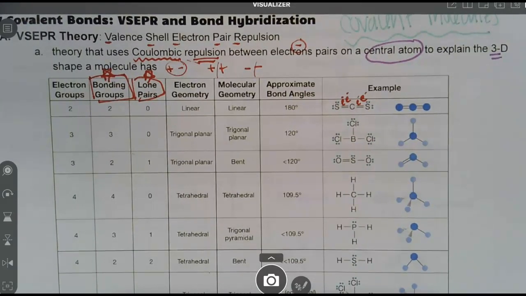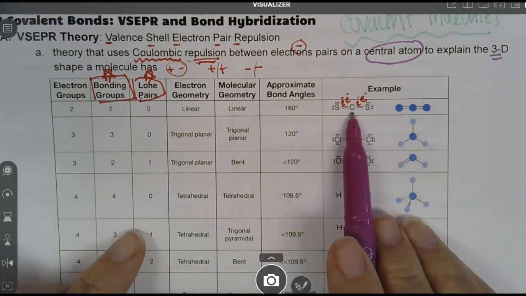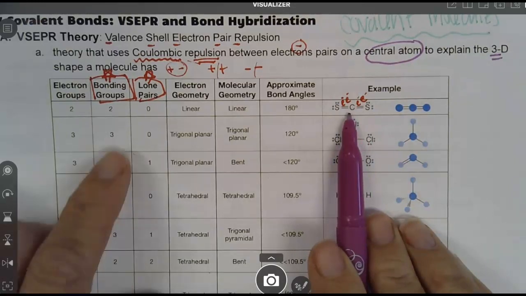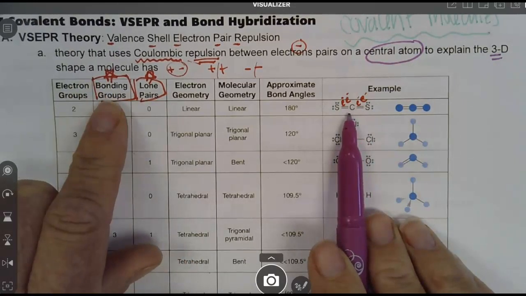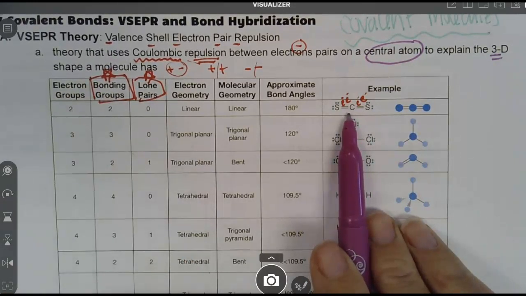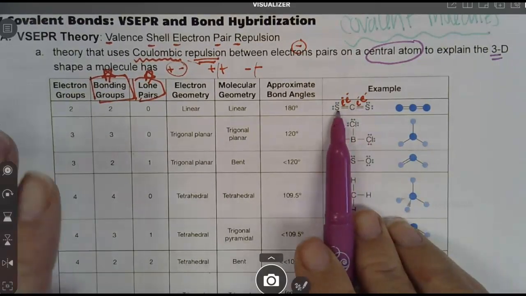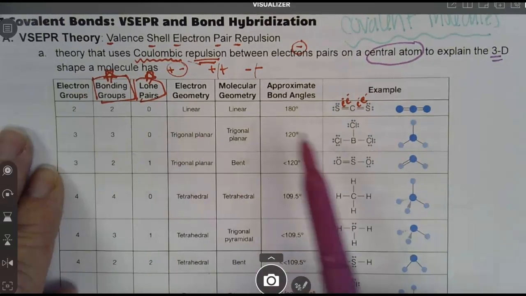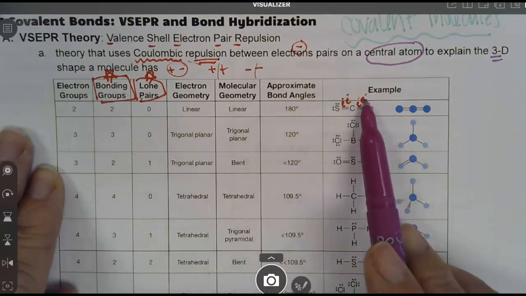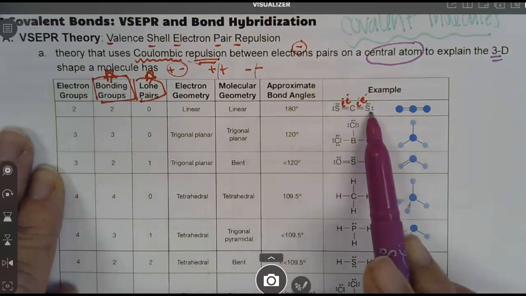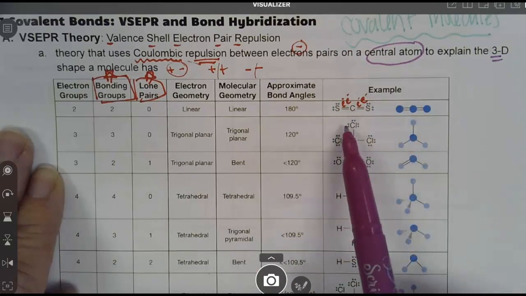Okay, so if I look back at this central atom, it's carbon, and I am going to ask myself, are there bonding groups? Not how many bonds are there, but how many things are bonded to it. So in this case, I know there are 4 bonds. That's great, but I actually want to know how many groups. So there's 1 sulfur attached and 2 sulfurs attached. So that's a total of 2 bonding groups, right? A sulfur and a sulfur.